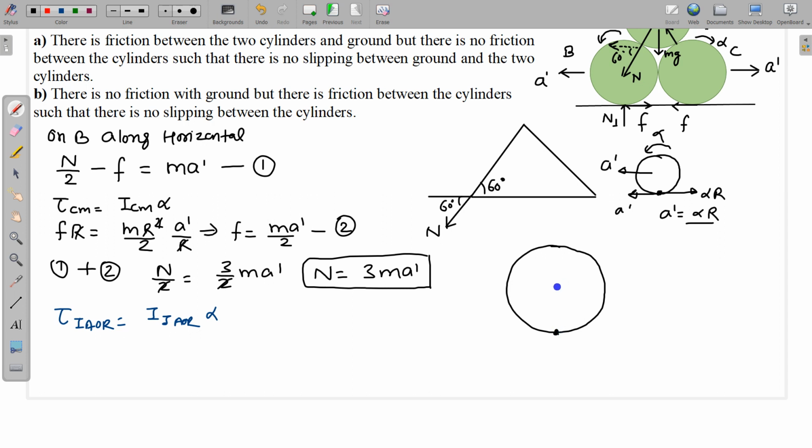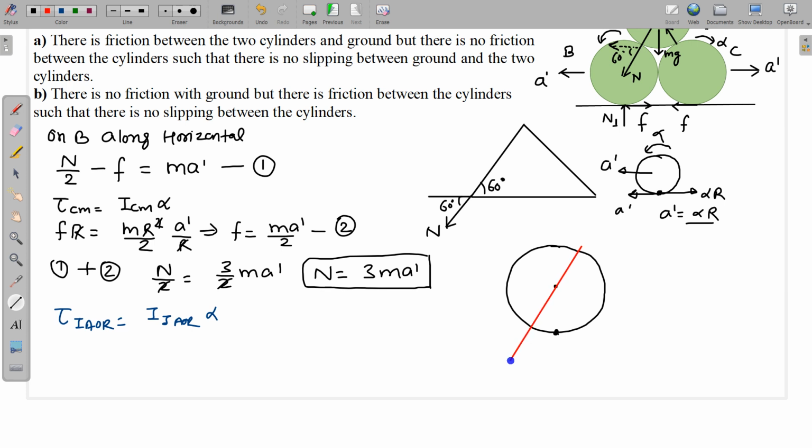So the only force which can produce torque about this point can be this normal reaction between the two cylinders A and B, which will go like this. So let us draw that. So this is the normal reaction which is passing through this center.